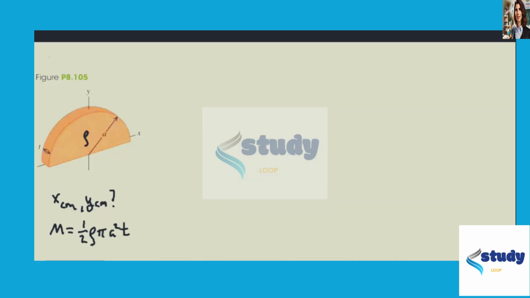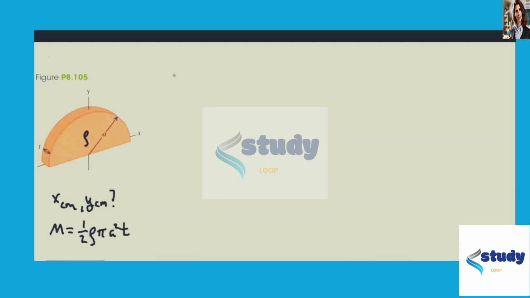So let's write down a couple of preliminary things we're going to want. We know that the center of mass is the weighted average of the position of an entire system weighted by the mass. So in a continuous case, an average is 1 over the interval that we're looking at, times the integral of x dm.